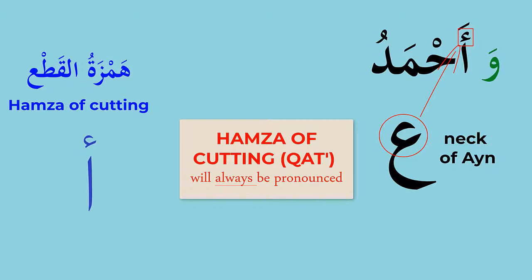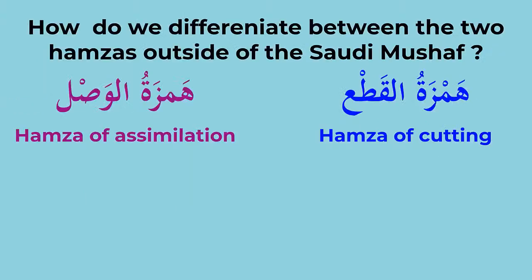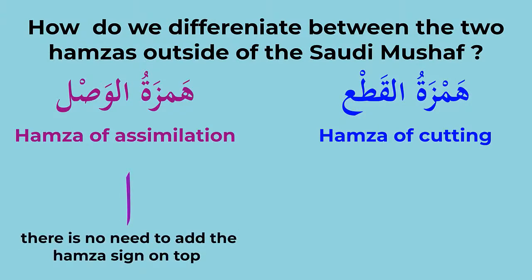So how do we differentiate? Whenever there is a Hamzatul Wasal, you will not put the Hamza sign. But if there is a Hamzatul Qata, you will put that sign there. And because most of us, our parents are from India and Pakistan, we are used to the India-Pakistan script, and you always write like this.